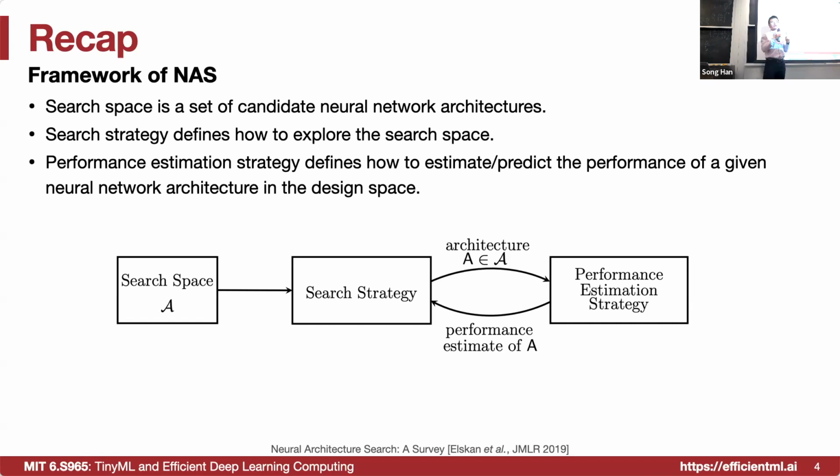And also we need to understand how well the model performs. So we need to have feedback, which is the performance estimation strategy, including not only the accuracy, but also the latency and energy, etc. Given an architecture, we want to have a performance estimation for the architecture.